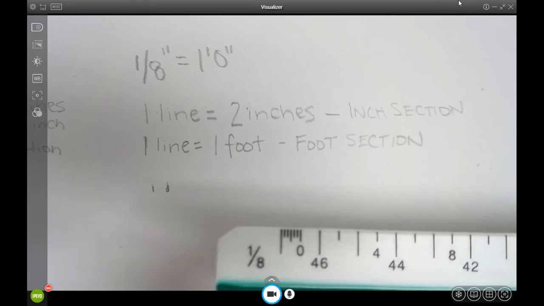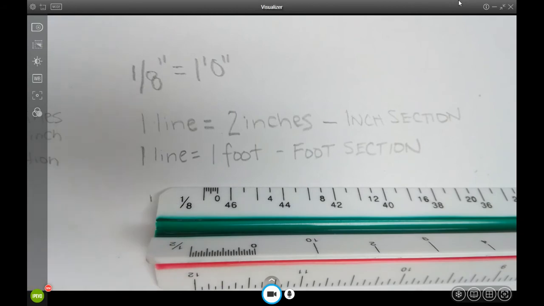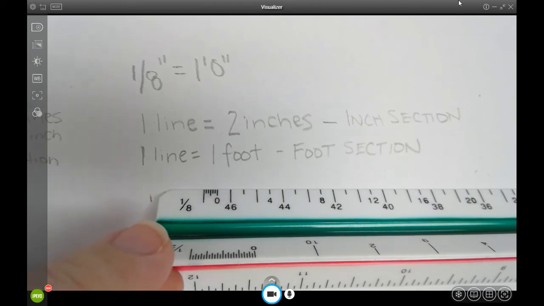And the 1/4 of an inch scale and the 1/8 of an inch scale share a side, because 1/8 of an inch is half of 1/4 of an inch. All right, so now we are done with 1/8 of an inch and 1/4 of an inch. And notice how they're both on the green side.